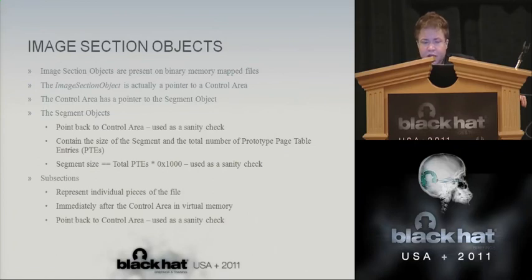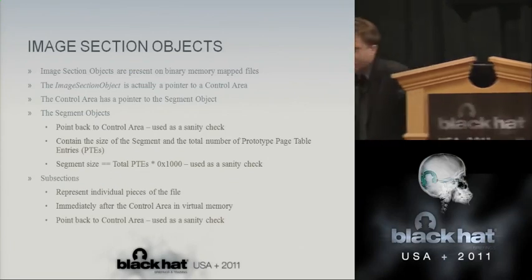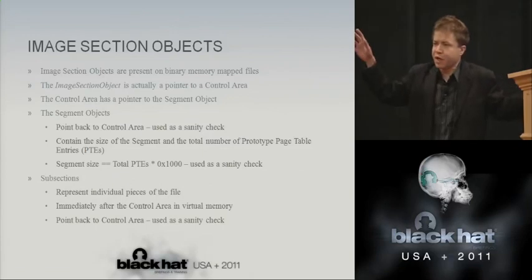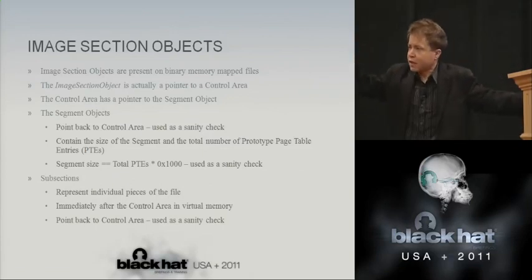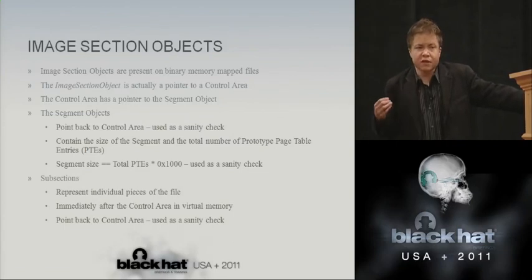Then the next thing that's of particular interest to us are what's called subsections. So, how many people here have opened a PE file in LordPE or PEview or something like that? You've seen the different sections in the file.